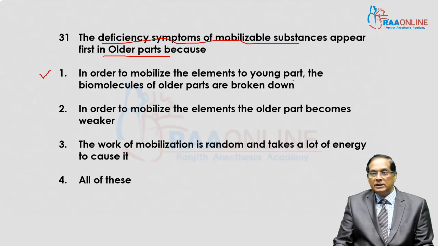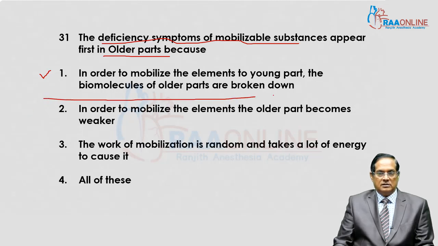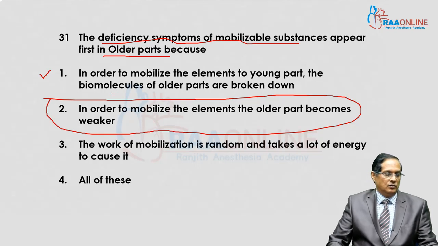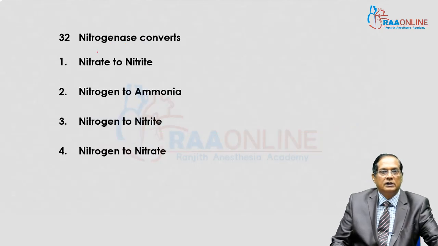In order to mobilize elements to the young part, the biomolecules of the older part are broken down. In order to mobilize, the older part becomes weaker. The better answer is older part is not getting that particular element.